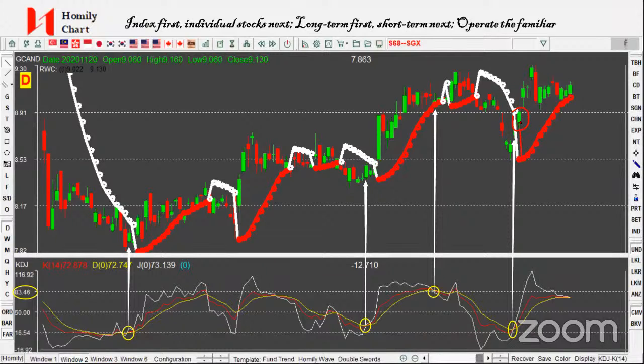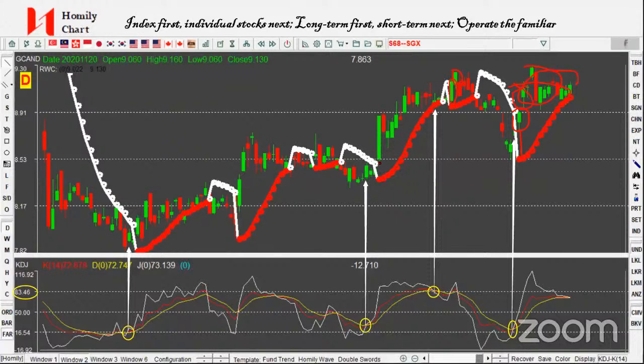If you see the first red circle and you buy the following day, for a very short term, it's already the top, already close to the top, right? So buying based on the red and white circle may not be that good. And also here, first red circle, the following day you buy, that's the top.